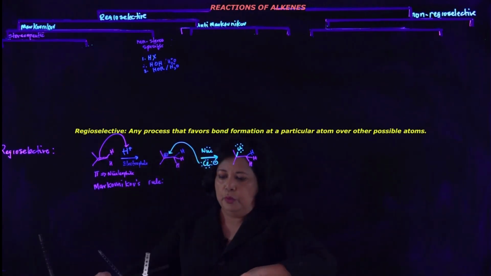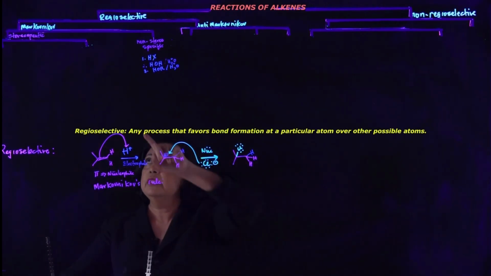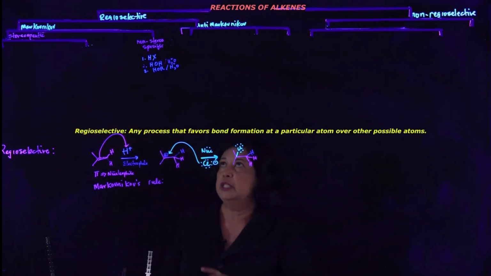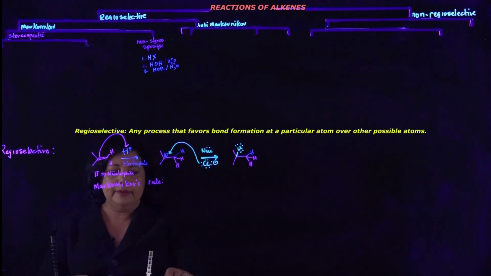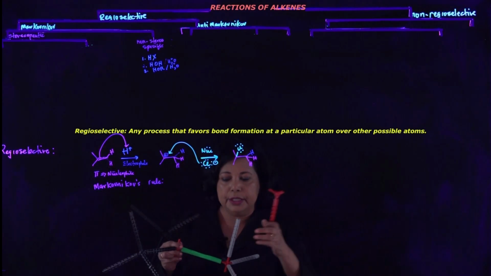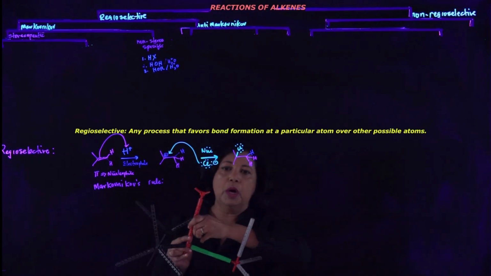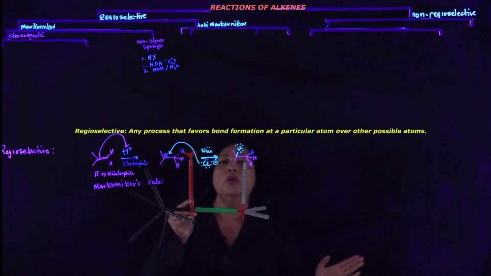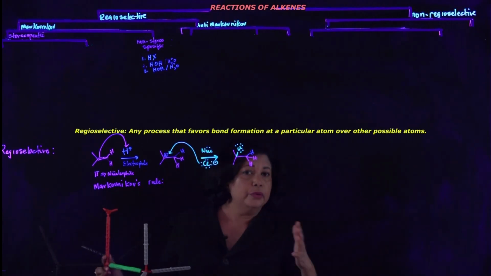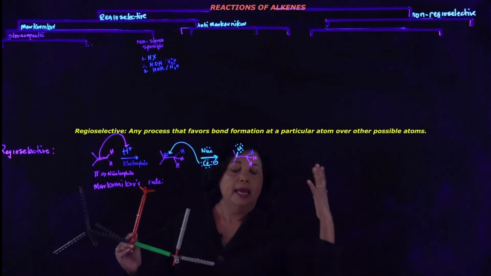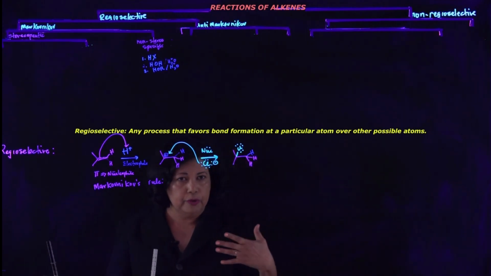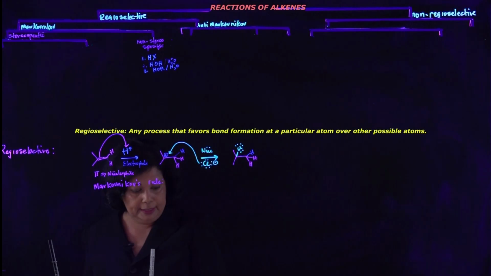So we can also have a stereospecific Markovnikov reaction, which means you have regioselectivity. That means it prefers one side over the other, and in addition, it prefers one direction over another direction. Why? Because of the way the reagent molecule is and the electronic forces guiding the nucleophiles and the electrophiles coming in.